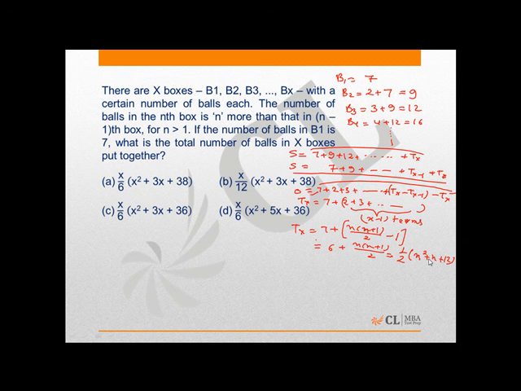Now I need to find the summation of some terms. So whenever we have the nth term in terms of n, or x, whatever, for summation we need to find the sigma of this series. So if tx is this, the summation of the terms will be sigma of 1 by 2 into x square plus x plus 12.